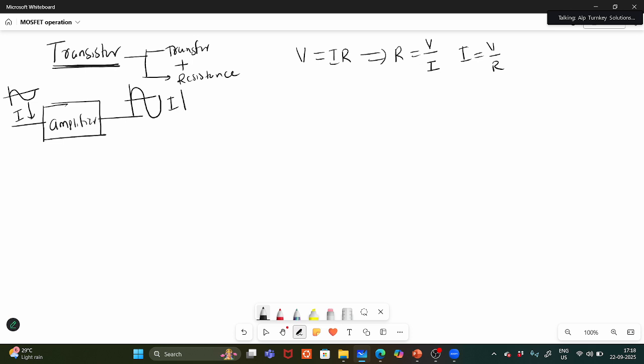If you see, resistance and current are inversely proportional. So the transistor should have high input impedance and low output impedance, and then only it will act as a transistor. So it is transferring from high resistance to low resistance.